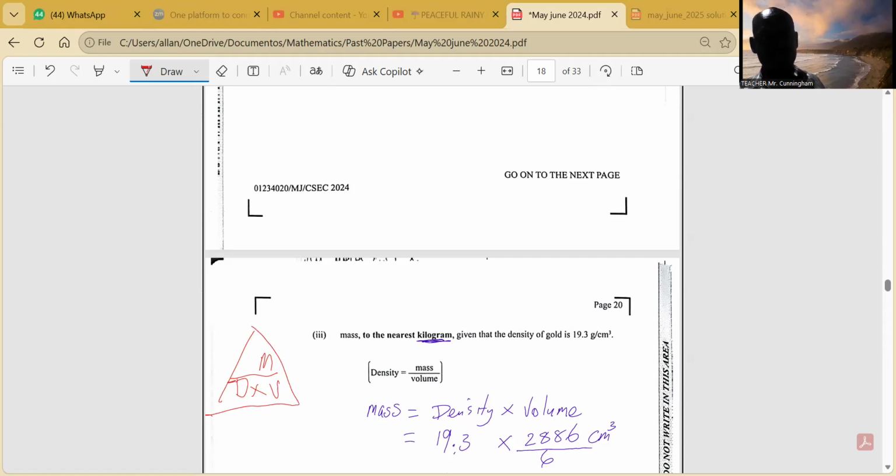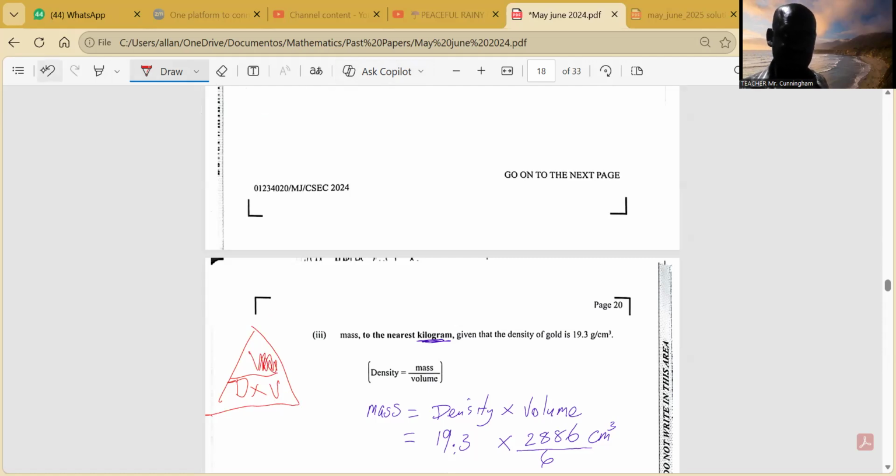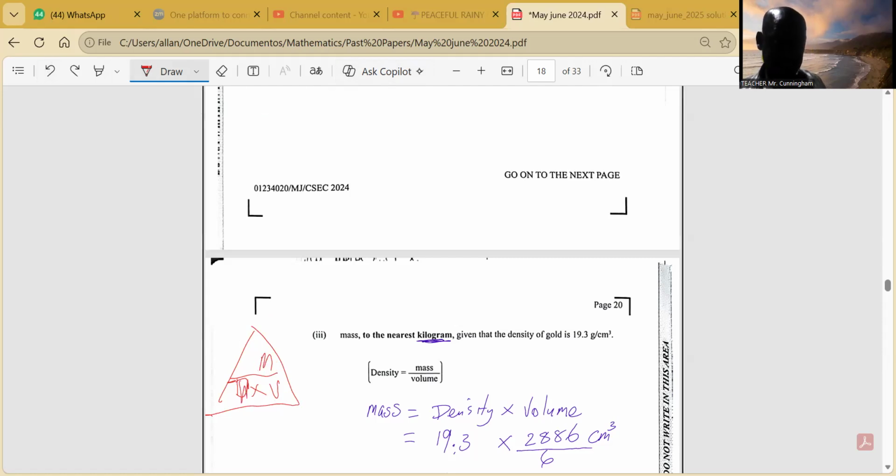Mass is density times volume, by the way. If I block off density, density is mass over volume. What I wanted to find was mass. Mass is density times volume. I learned this early in Form 4 when I was doing physics. So mass is density by volume. You block off M, D by V.